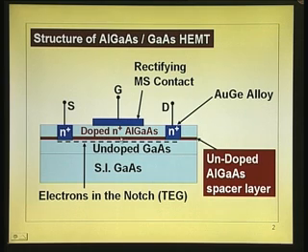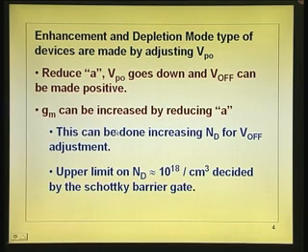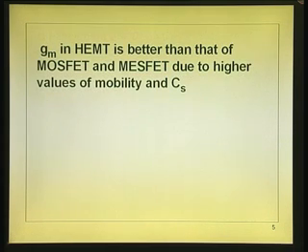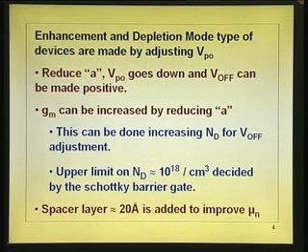So, that is an optimization there. People find that 20 angstroms is the one that you would prefer, and if you are grudging, you can say, okay, I want 30 or 40 angstroms. So, 20 angstroms improves mobility quite a bit. Okay, that is what we put.